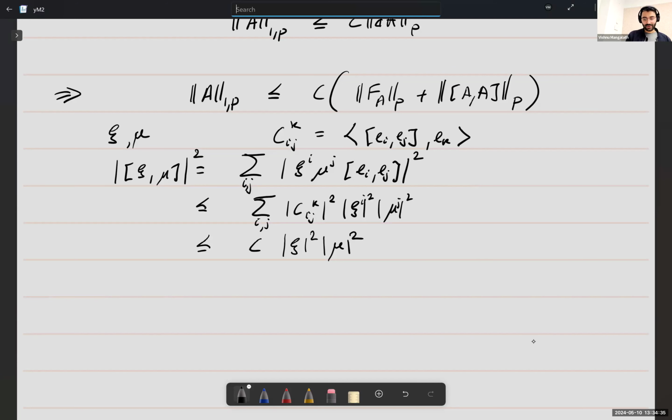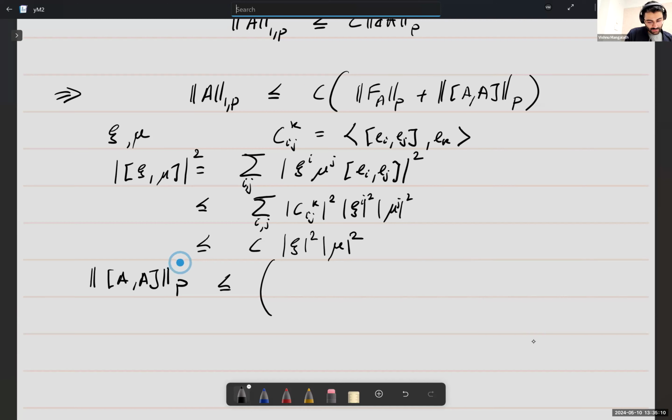So what this tells me is that I can do this thing. Norm of A comma A squared P norm, that's equal to, well, okay, it's less than or equal to this thing here.